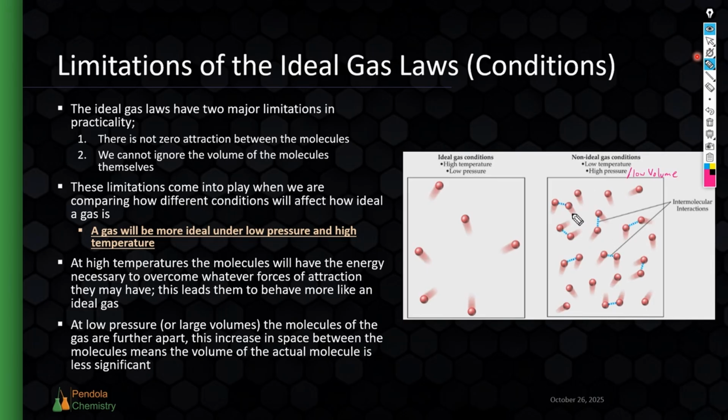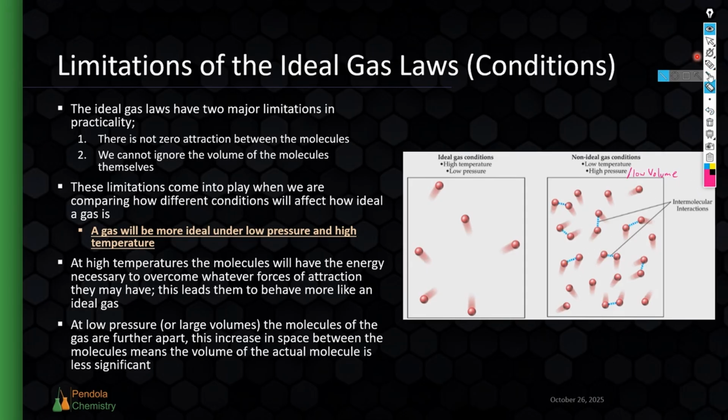So we can have a higher pressure by either having more atoms or more moles of that compound, or a lower volume. In either case, because there are more molecules per square inch, square foot, square meter, whatever you want to call it, the molecules are closer together, and we get a lot more of these forces of attraction.